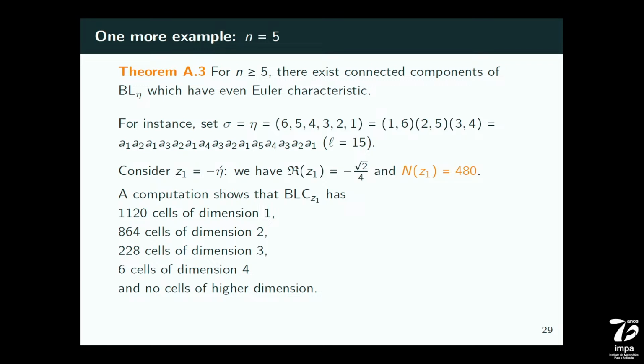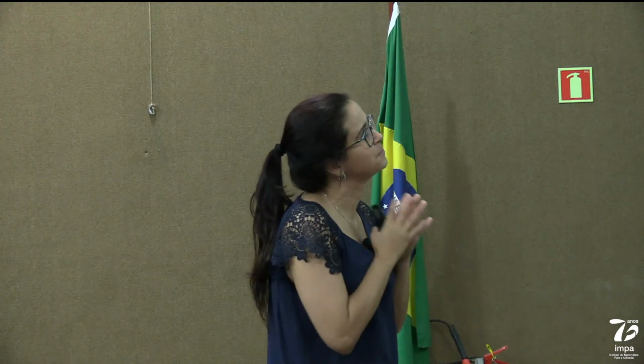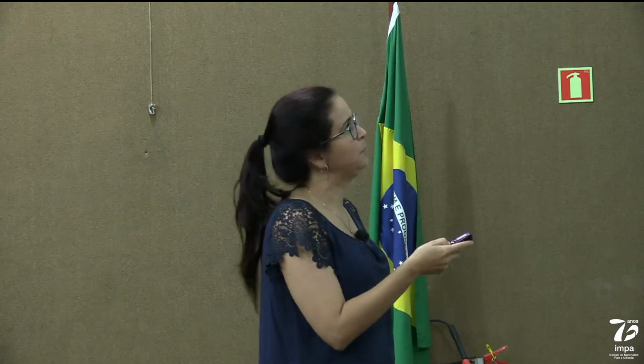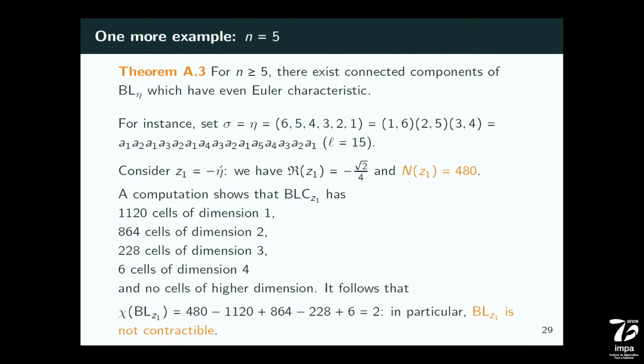We took the real part negative on purpose so the number of answers becomes not so high. And for example, we know that these have Euler characteristic equal to 2. They are not constructible, but we didn't know how to compute the homotopy type yet, for this example.